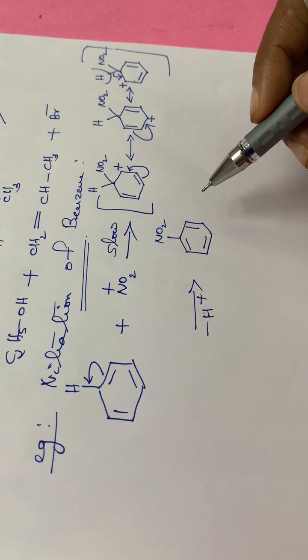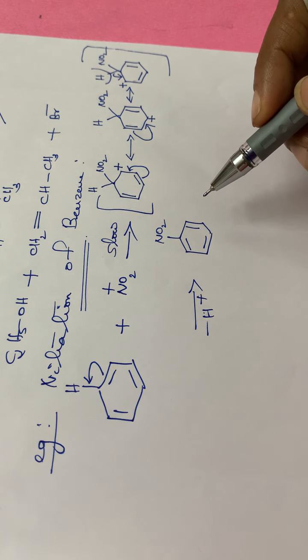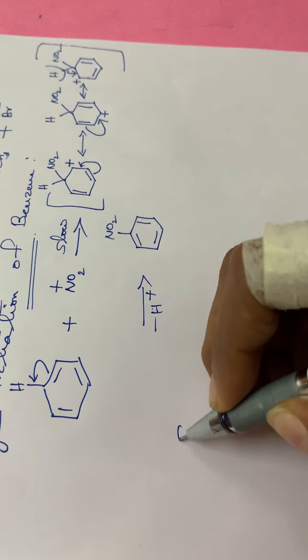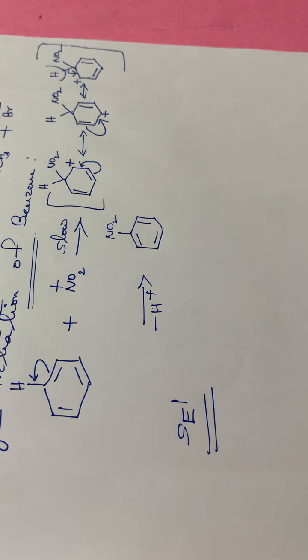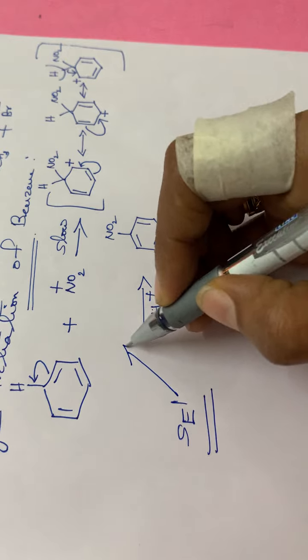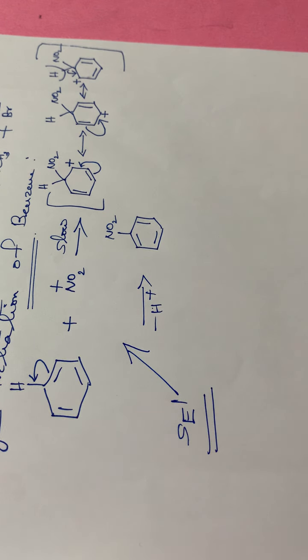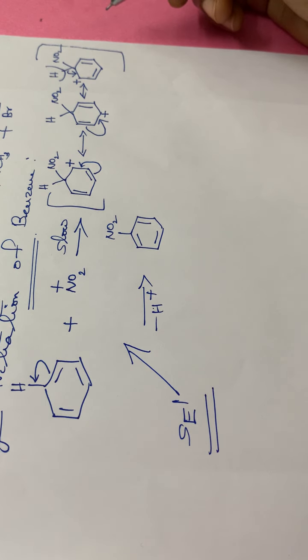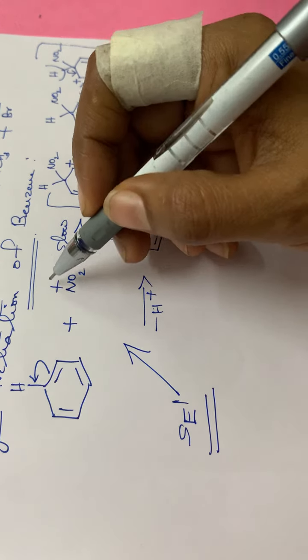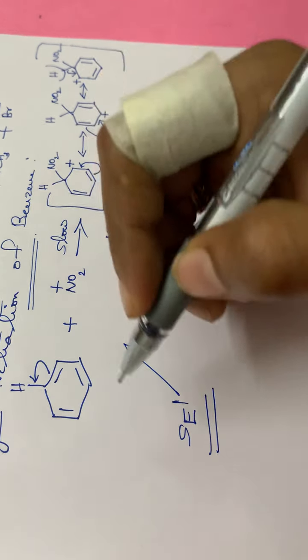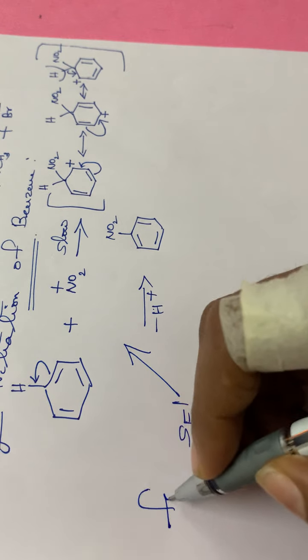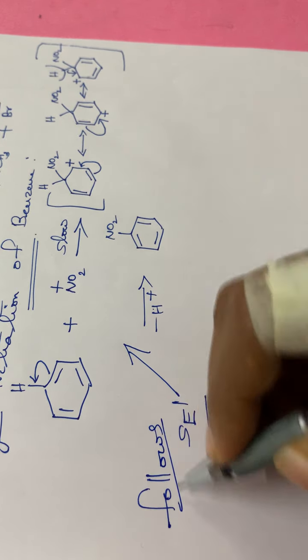Okay, so therefore we can say that this reaction follows the SE1 mechanism. SE1 means electrophilic substitution, unimolecular, and it is not SE2. In the first step, the addition of the electrophile takes place. So this particular reaction follows the SE1 mechanism, not SE2.